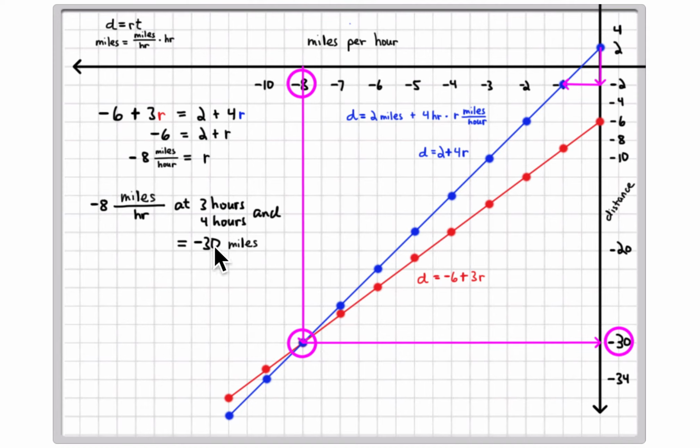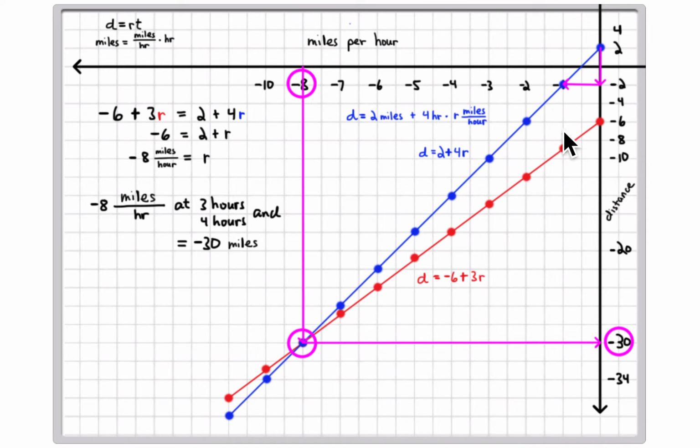So -8 miles per hour is the common speed, and this is 3 hours, and this is 4 hours. So now I've changed the entire context of the problem to speed. And I'm going to write a problem that goes with this in just a moment.